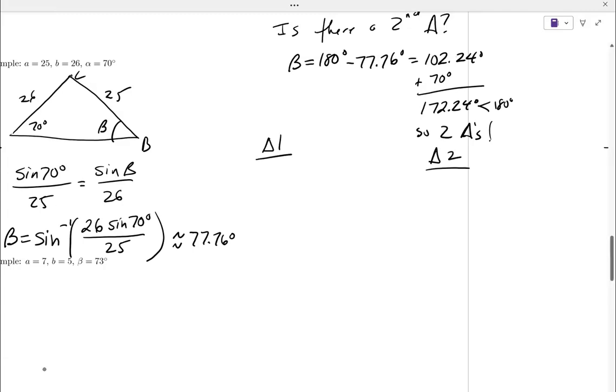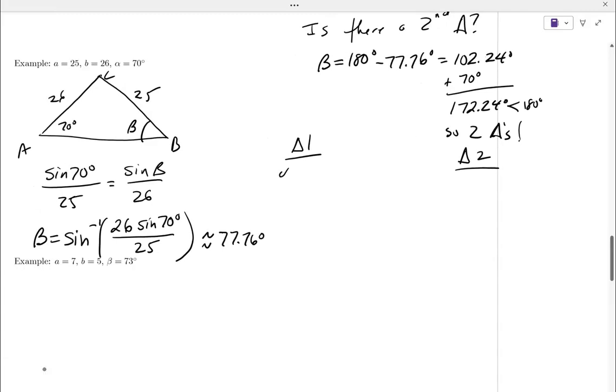Okay, so let's collect our information. So far, we had alpha was 70 degrees, A is 25, B is 26. In this one, our beta was calculated to be 77.76, right?